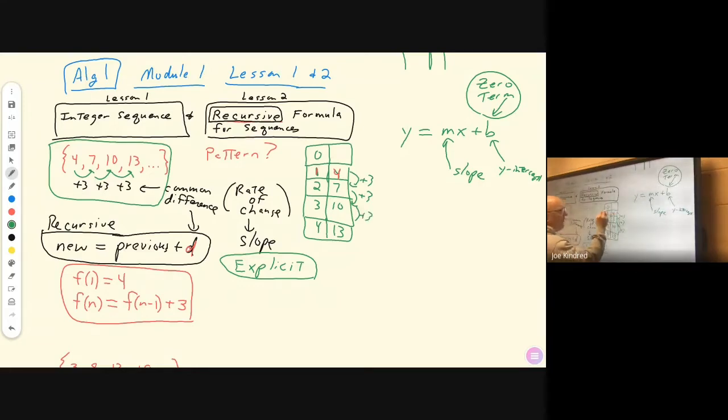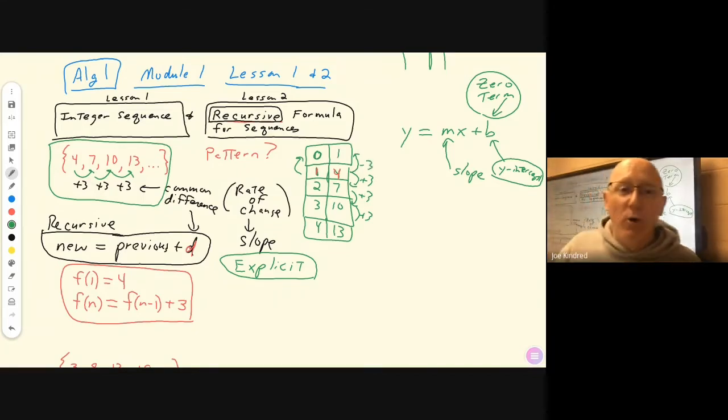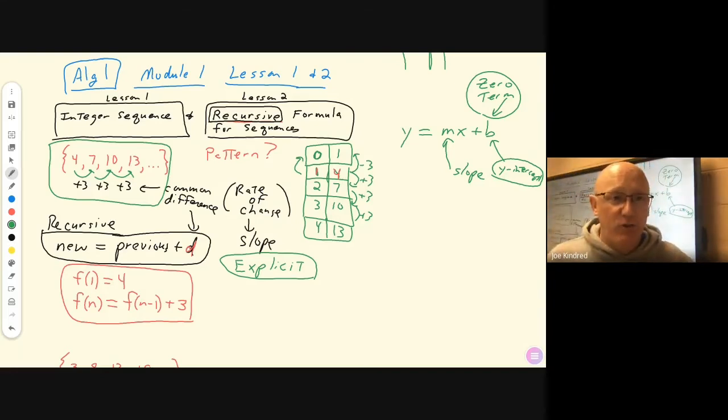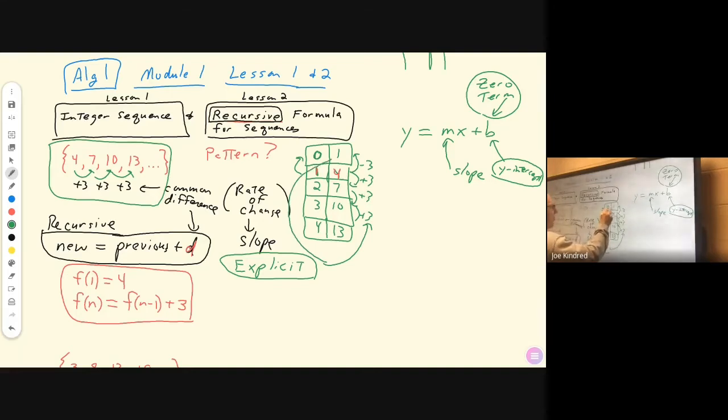But what if we wanted to find going backwards, the zero term, which is also the y-intercept? Well, we would then subtract 3, and that would be 1. So that's really important, because as we go to look at writing the explicit form of this sequence, we now know that the slope is 3 and the y, or the zero term, is 1.